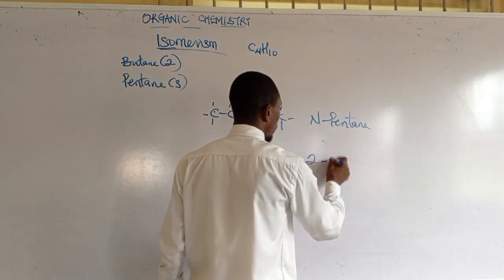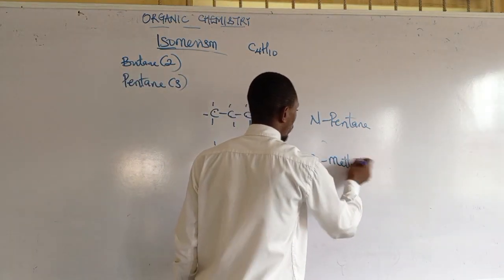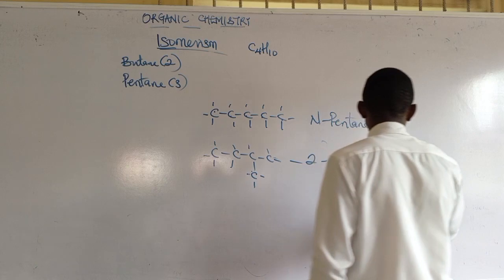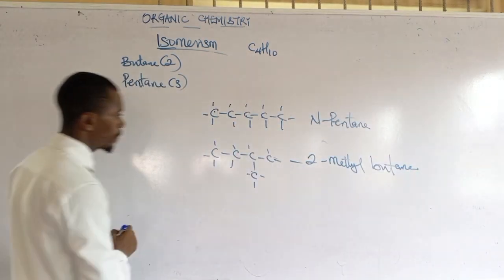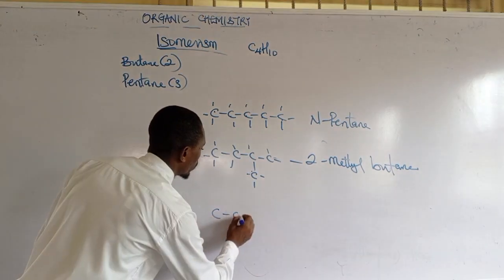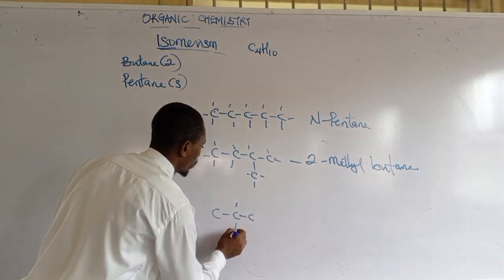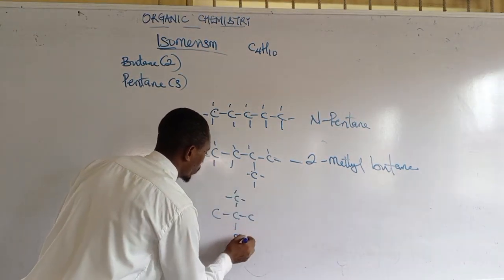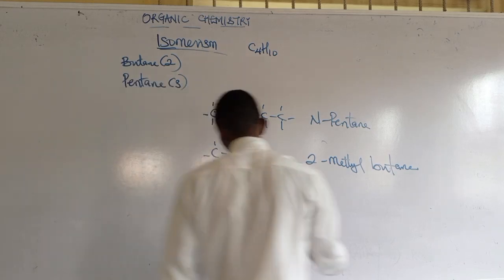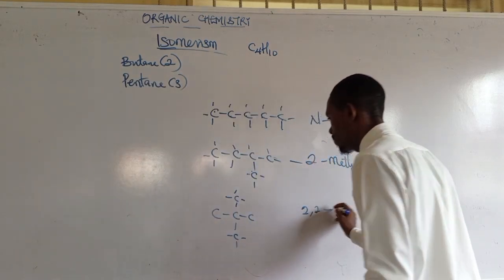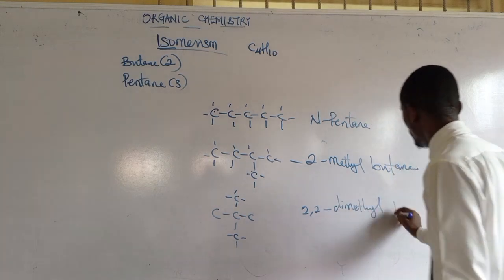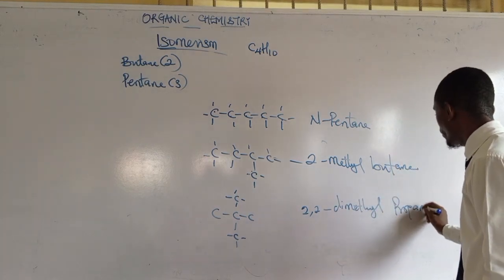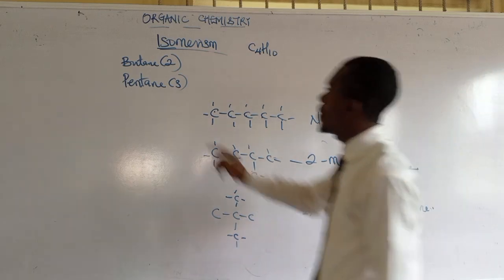And the third one, or the last one, is 2,2-dimethylpropane. So these are the different structural isomers of pentane.